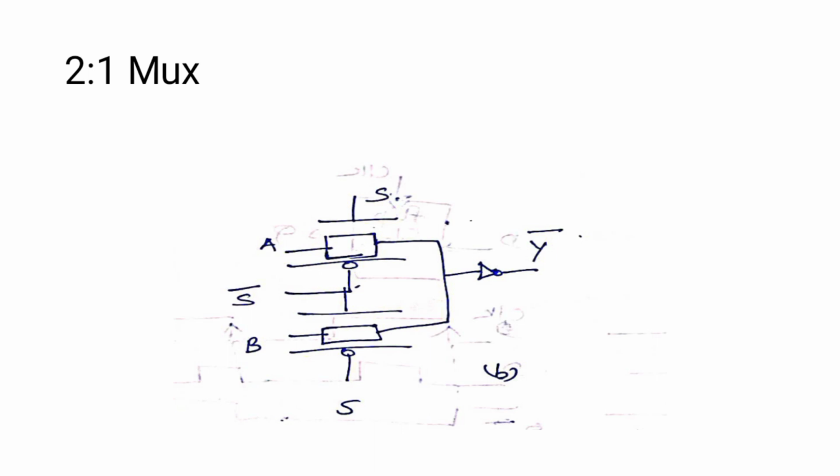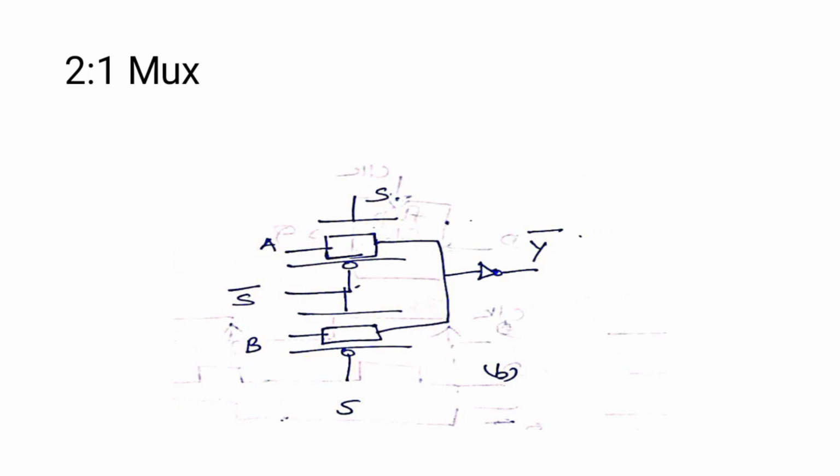As I told you earlier, in this transmission gate logic, both PMOS and NMOS are connected in parallel. When your selection line is 0, A should go to the output. What will happen?